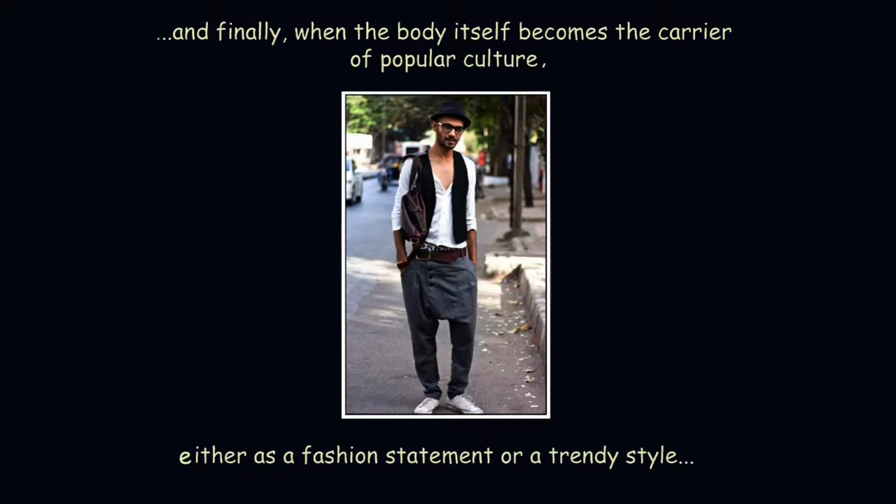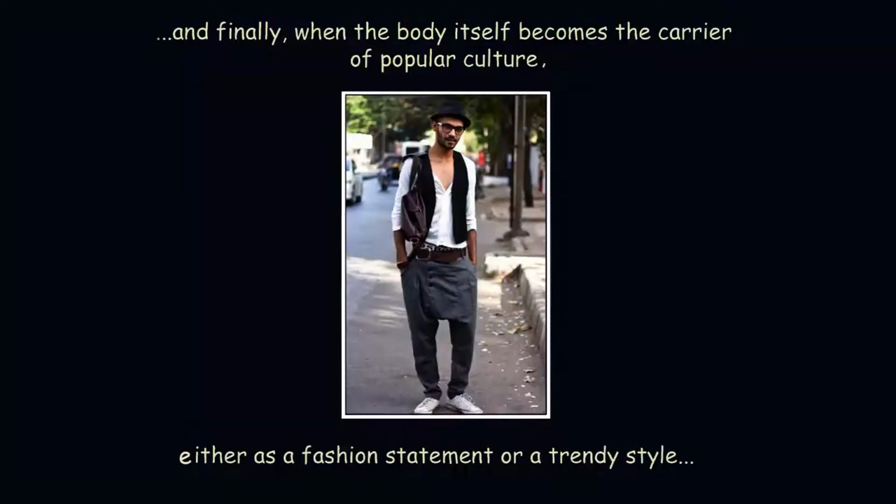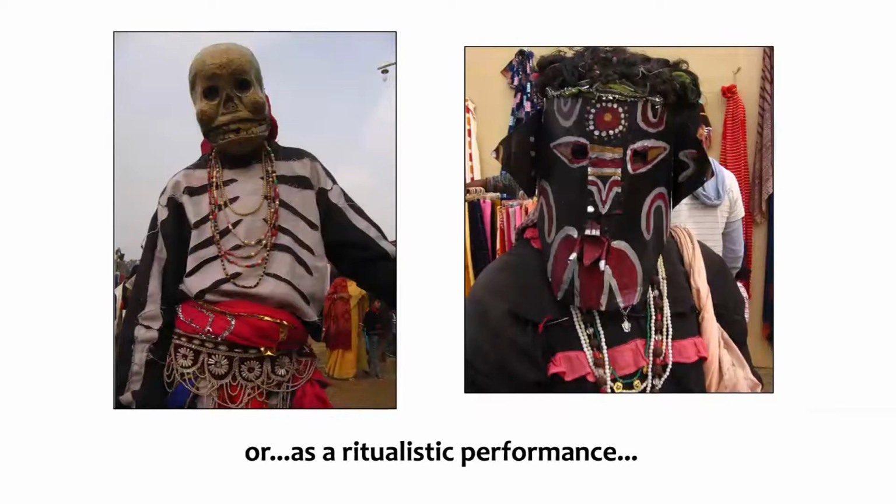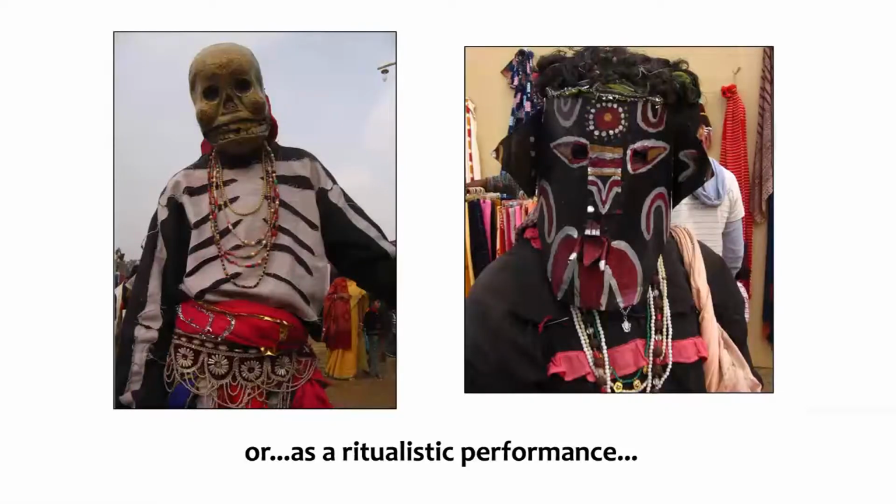So, when the body itself becomes the carrier of popular culture, we get a different kind of popular visual, either as a fashion statement or a trendy style like this, or as a ritualistic performance by rural people who are dressed up either as a skeleton or as an elephant or as some kind of mythical animal, mainly to beg money, but they also transform themselves. It is their body, their dress, everything into an imagery which is a part of popular visual culture.